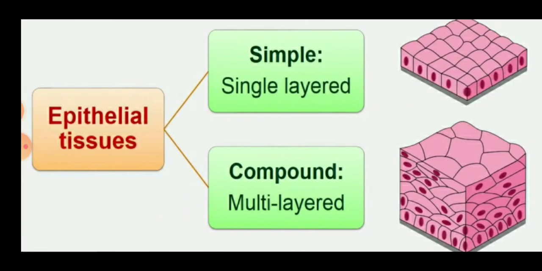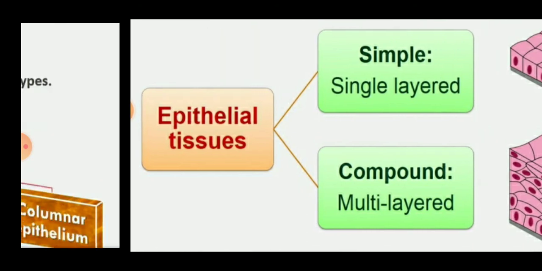And mainly the epithelial tissues are two types. First is the simple, which means a single layer is present, so it is called the simple epithelial tissue. And the second type is the compound epithelial tissue. When multiple layers are present, it is called the compound epithelial tissue.